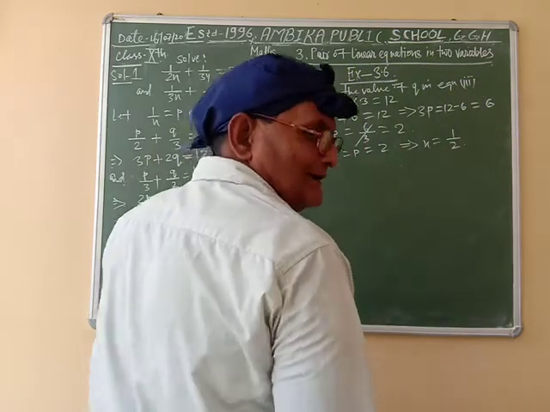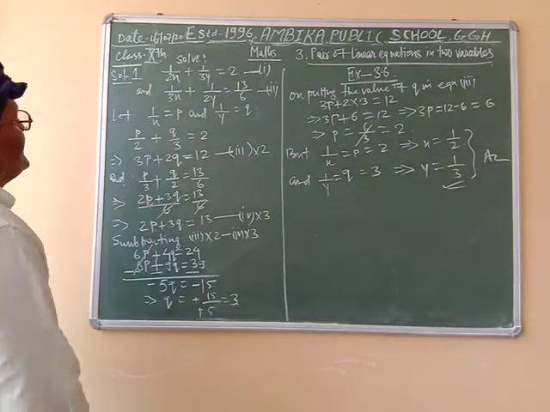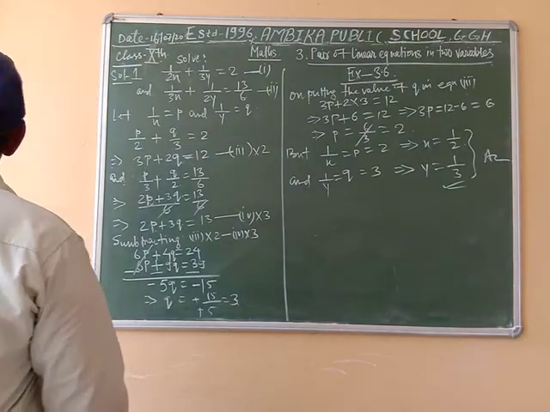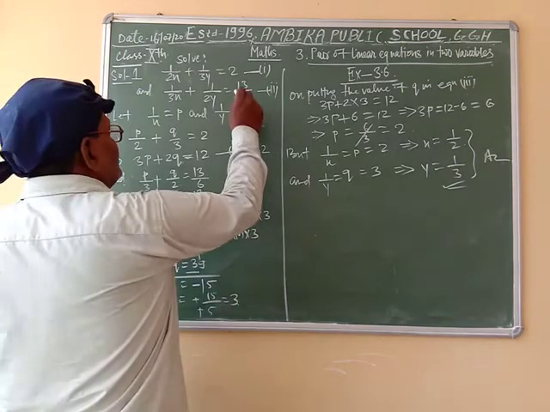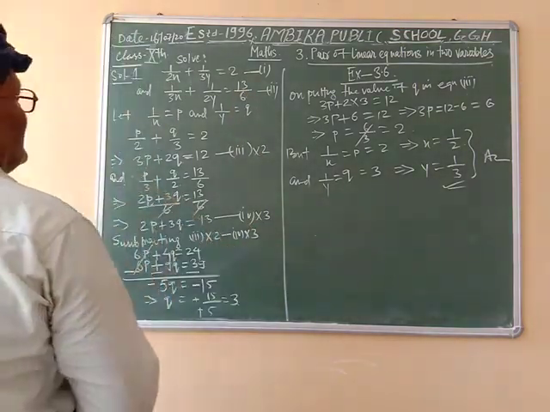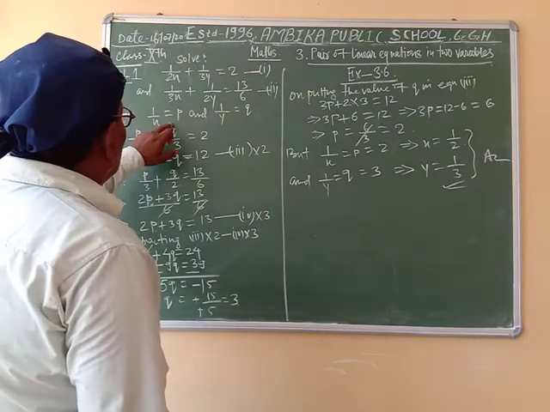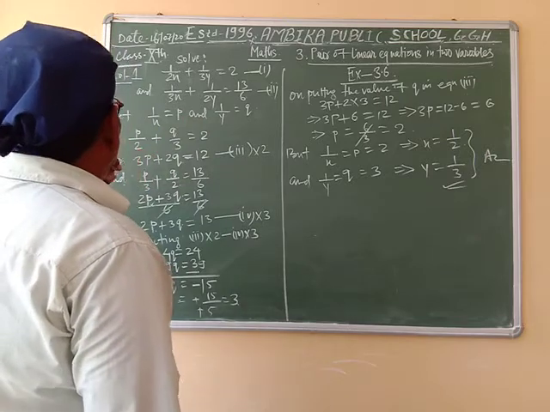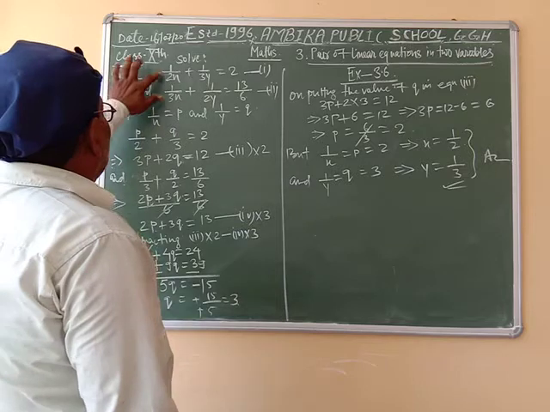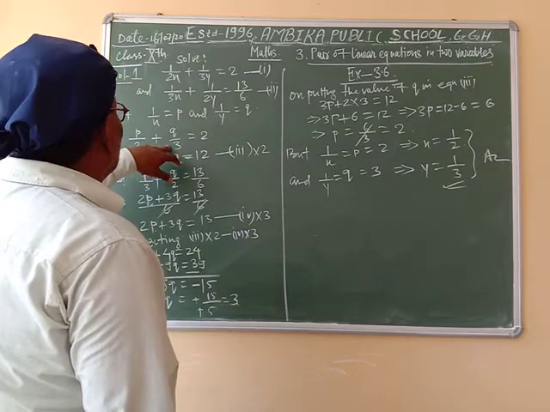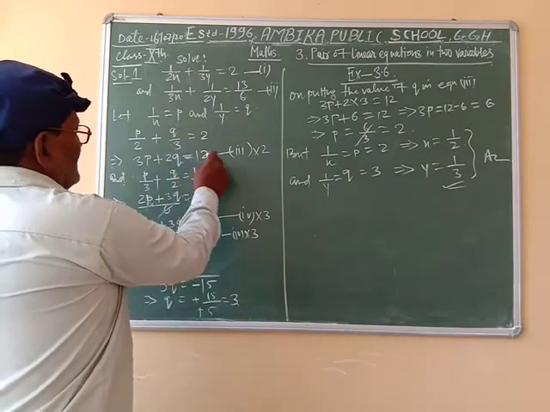The equations are 1 by 2x plus 1 by 3y equals 2 and 1 by 3x plus 1 by 2y is equal to 13 by 6. To change the given equations into linear form, let us suppose that 1 by x is equal to p and 1 by y is equal to q. Therefore, the given equation takes the form p by 2 plus q by 3 is equal to 2, and solving, 3p plus 2q equals 12.